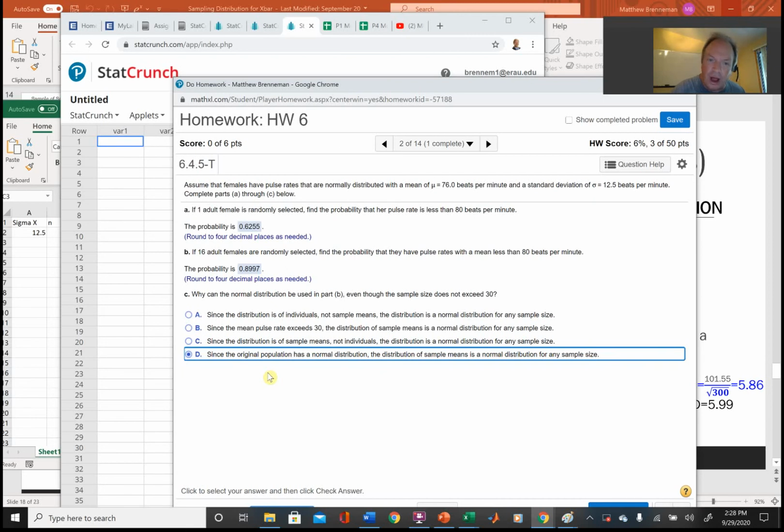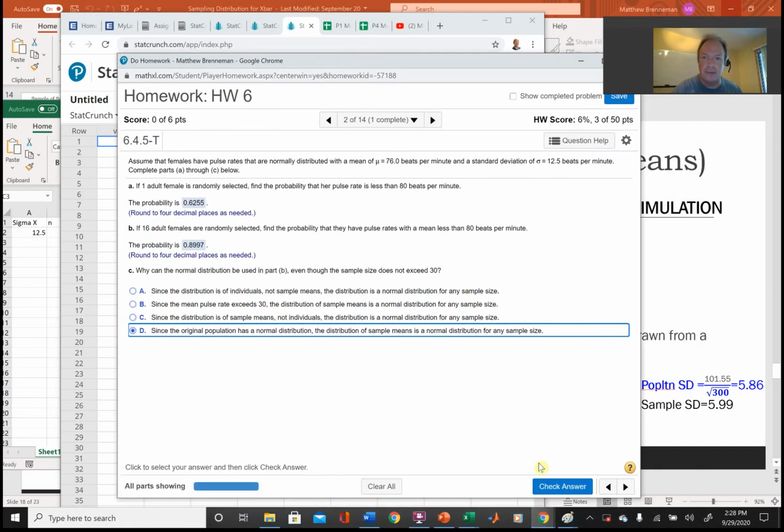The other ones are a little awkwardly worded. Since the distribution of sample means, not individuals, is a normal distribution for any sample size, that's definitely not true, okay? That's why, in fact, we have to have this condition on the sample size, because this statement's not true. Okay.